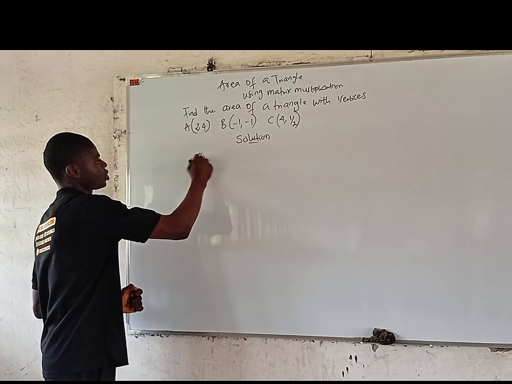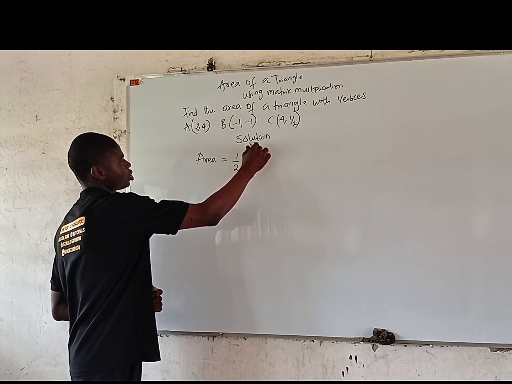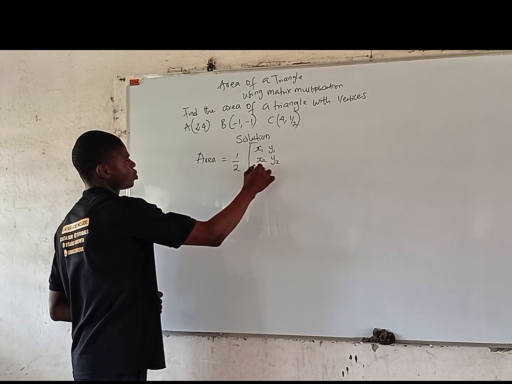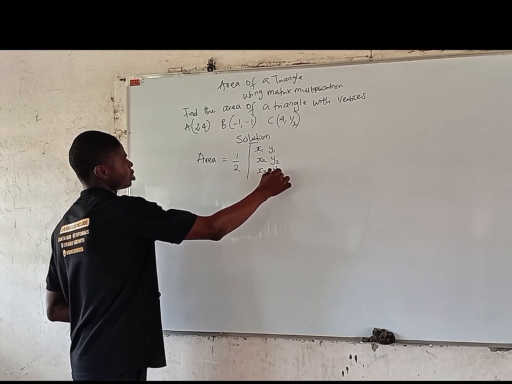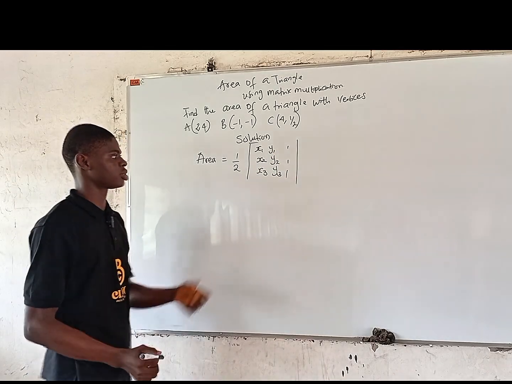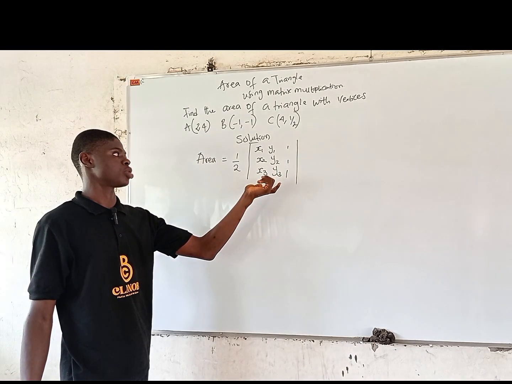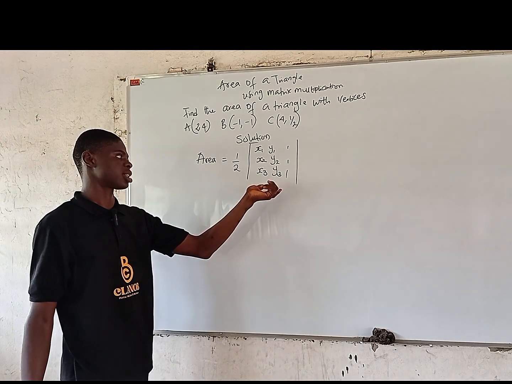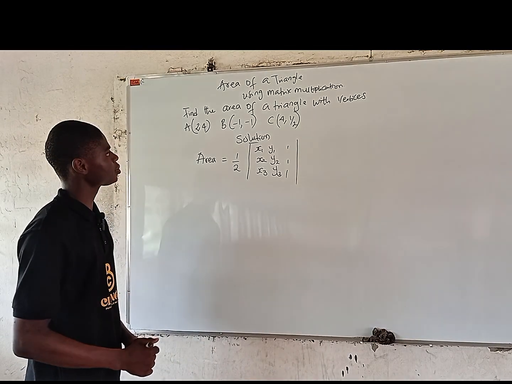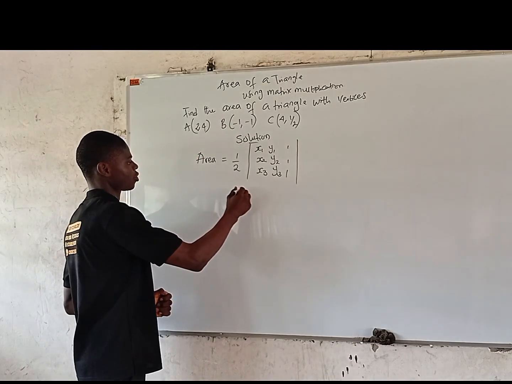The first thing you want to take note of is that the area of a triangle is given to be half into the matrix with rows x1, y1, 1; x2, y2, 1; x3, y3, 1. So this is just looking like a 3 by 3 matrix. So what we want to do is get the determinant of this and multiply by this. To do that, we want to arrange our points first.